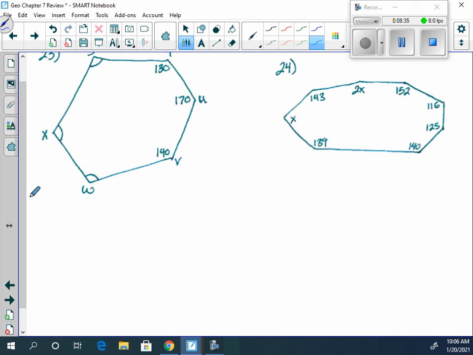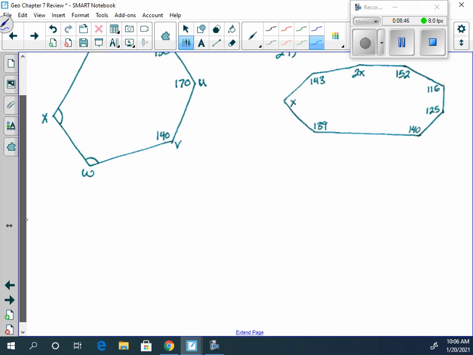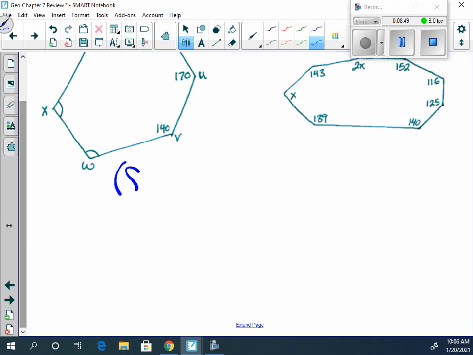So the first thing that would be helpful is figuring out what the sum of all these angles is supposed to be equal to. If I look at this here, we've got 1, 2, 3, 4, 5, 6, 7, 8. We have 8 angles, so that means we also have 8 sides. So we do 8 minus 2 times 180.